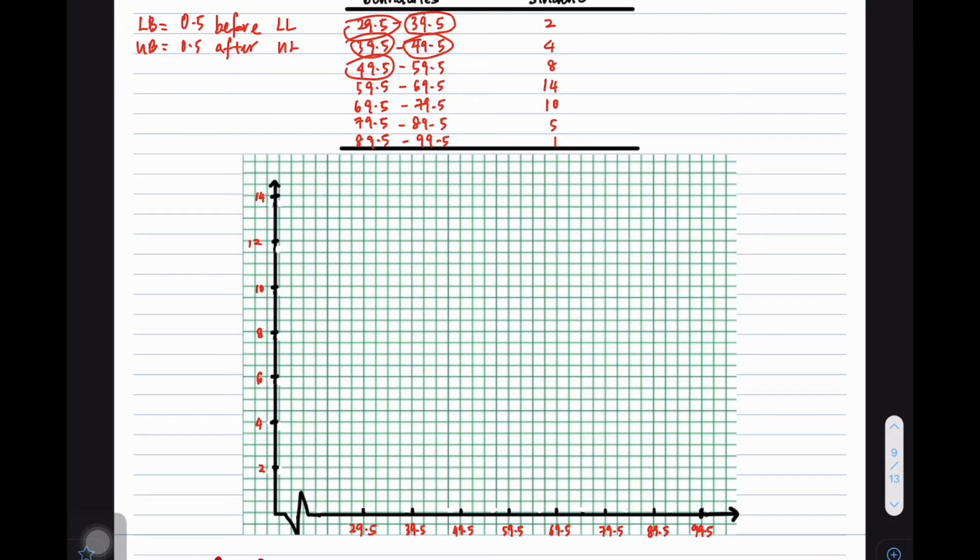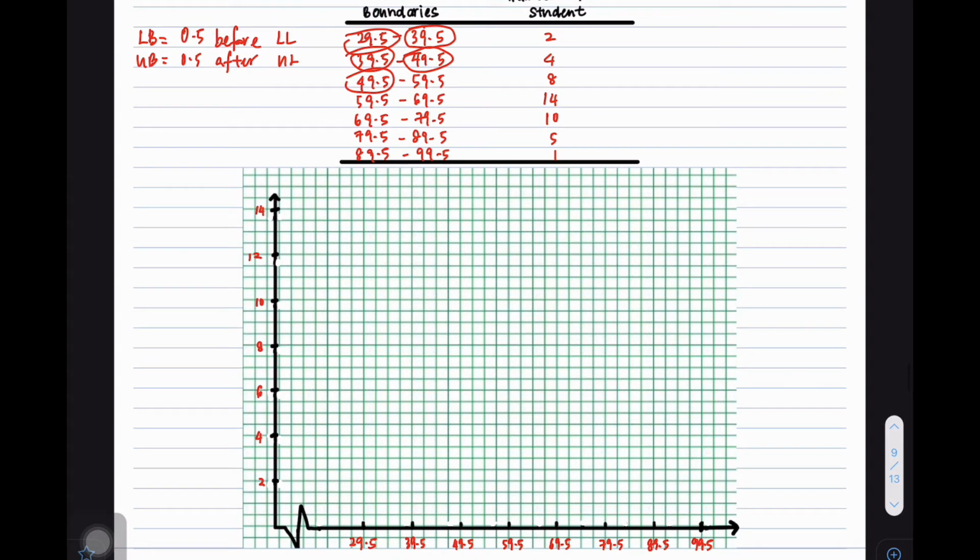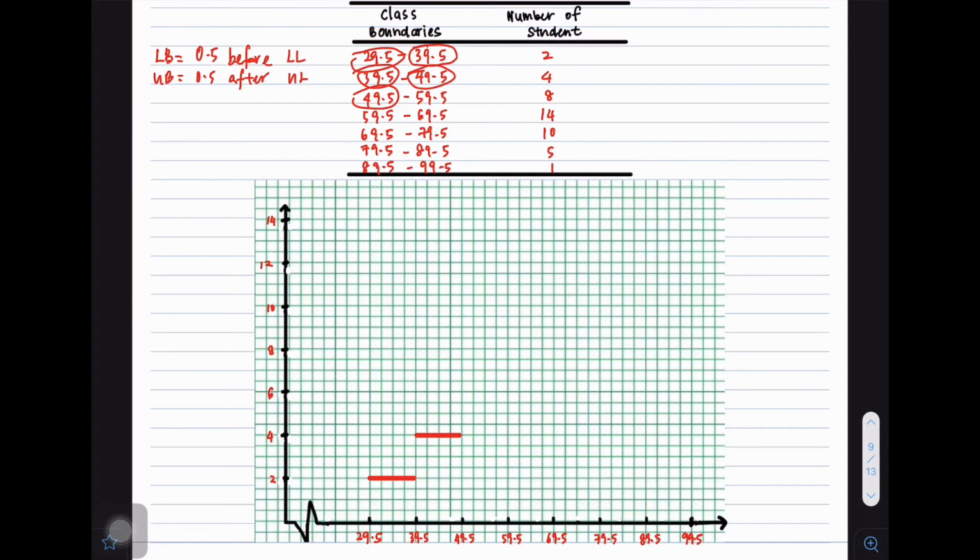So we have the first class, we have the frequency of 2. So 2 is here, so let's draw a horizontal line here. Okay, and then the next class, the frequency is 4. So 4 is here, so let's draw the horizontal line for this class. Okay, and then the next frequency is 8.